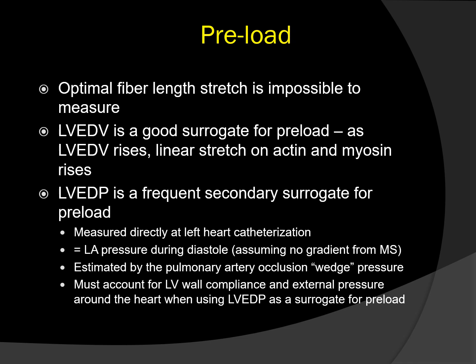However, to optimally use LV-EDP as a surrogate of preload, as I mentioned a few slides ago, we need to account for confounding factors of LV wall compliance and the external pressure around the heart, which could markedly affect preload at a given filling pressure, as I'll show you on the next slide.